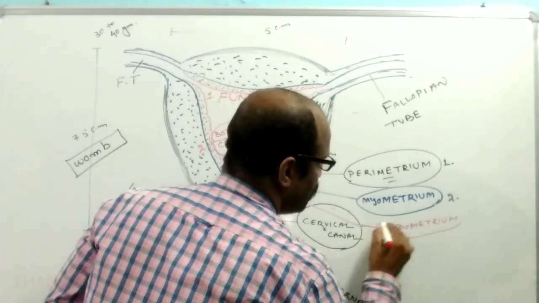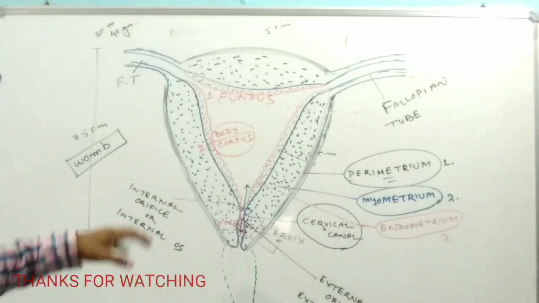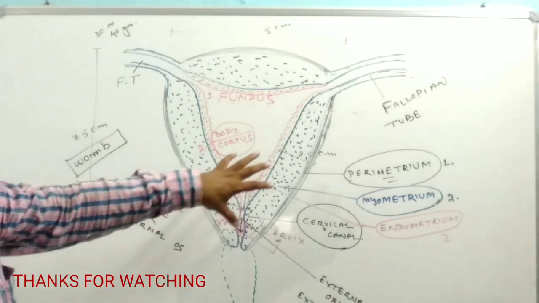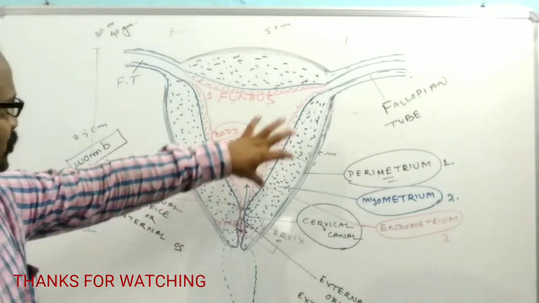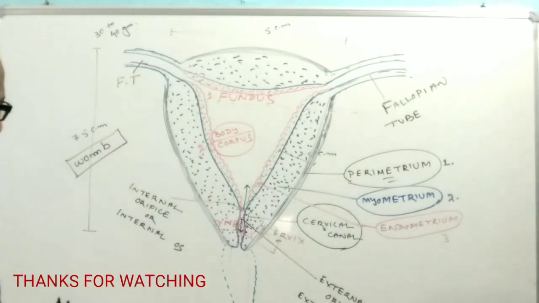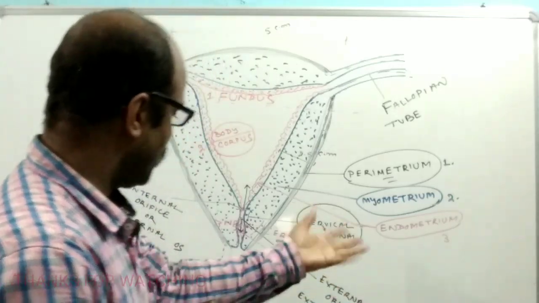This is the inner glandular, vascular layer known as the endometrium. At the time of menstrual flow, the endometrium is eroded completely by the lysosomal activity of the endometrial cells.